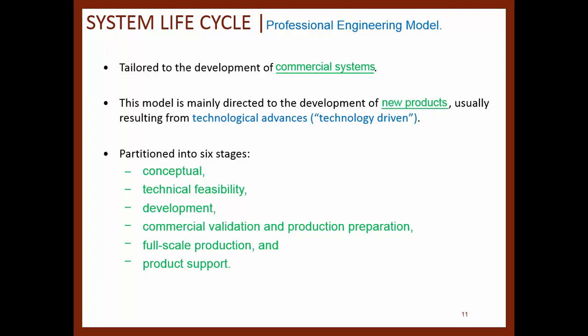Full-scale production, and then support. So even though they might have some differences in terms of the language being used to describe the steps, there's some overlapping between these 3 models. Okay, questions?